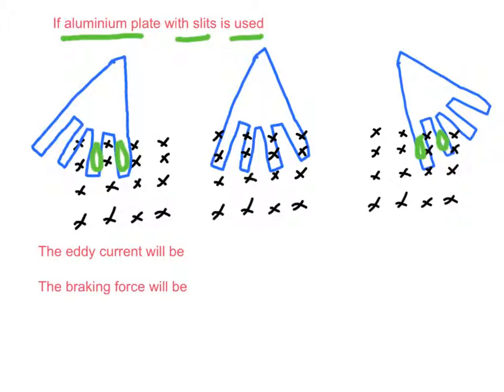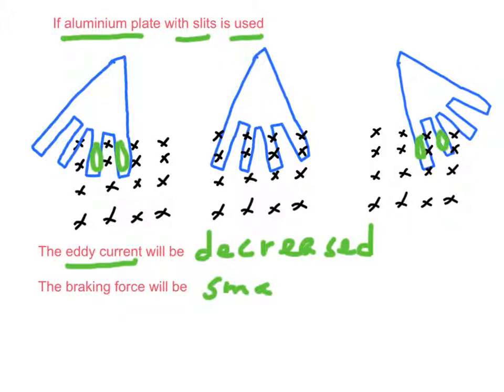In this case, the eddy currents will be decreased. Hence, the braking force will be smaller, and the aluminium plate will swing for more cycles before coming to rest.